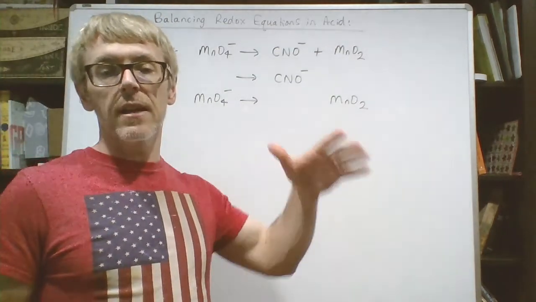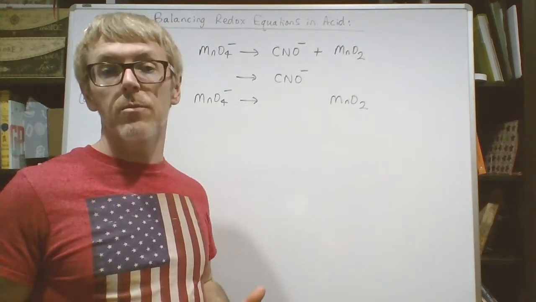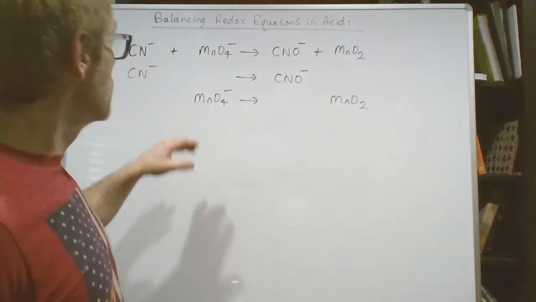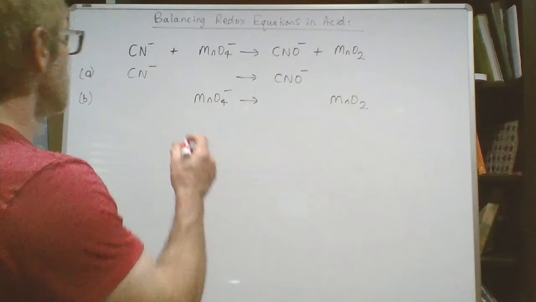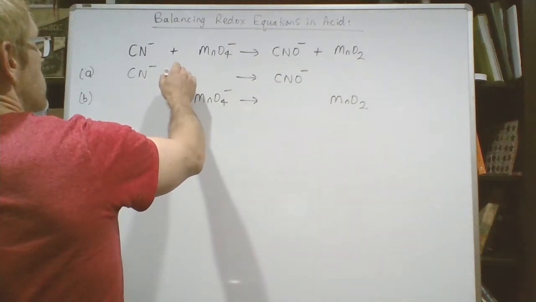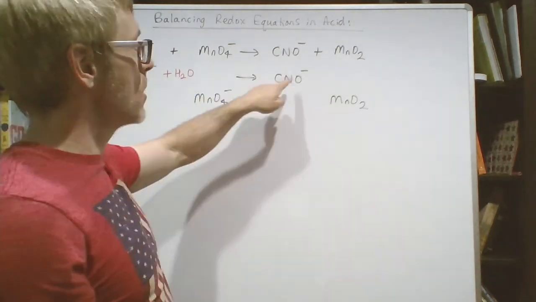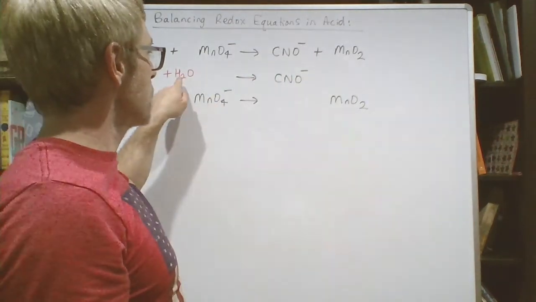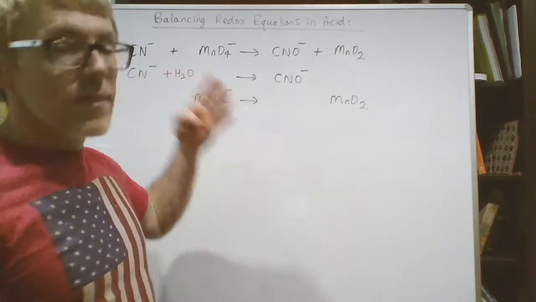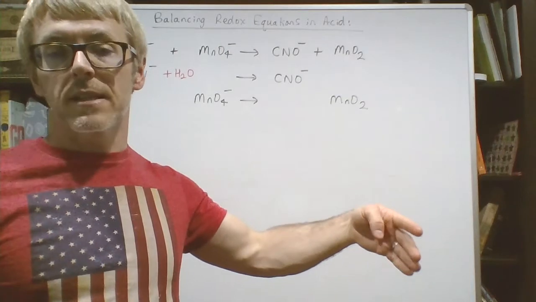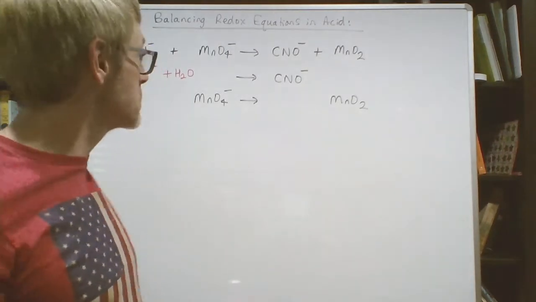Next, once you've done that, then you go on to oxygen. You balance oxygen by adding water molecules. I've got an oxygen as a product here, but I have no oxygen here. So I'm going to go ahead and add a water molecule. That's how I add oxygen. So now I've got one oxygen on either side. But notice I've had to add 2 adventitious hydrogen atoms. That's because finally you go in and you balance the hydrogens, and you balance hydrogens with H+, which is just a proton.